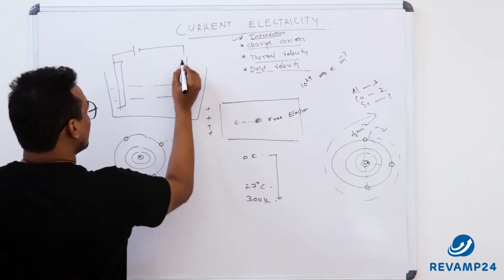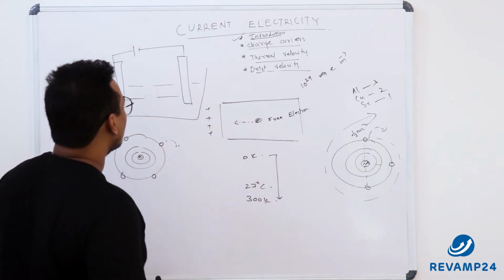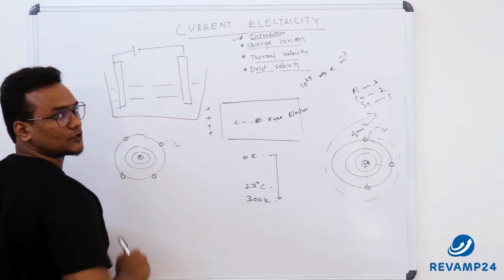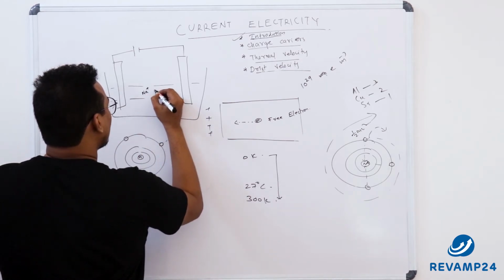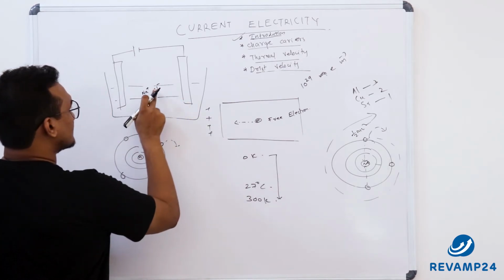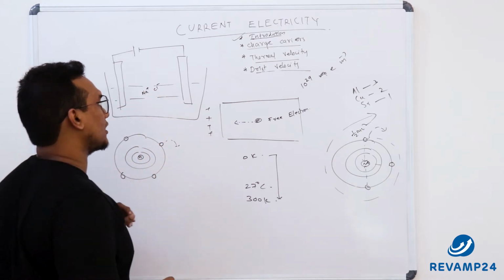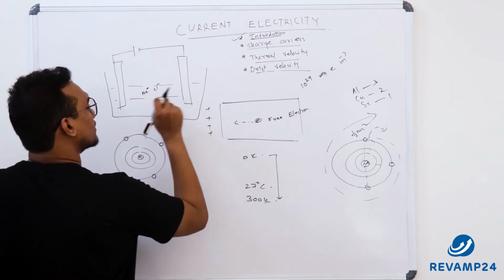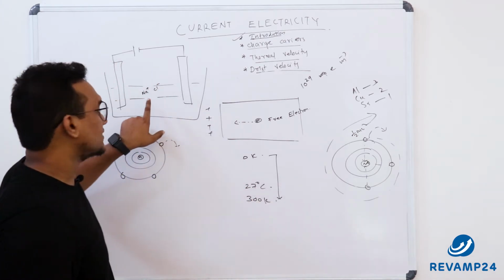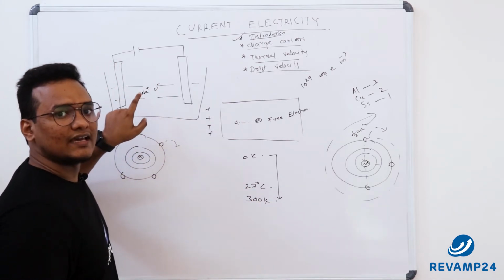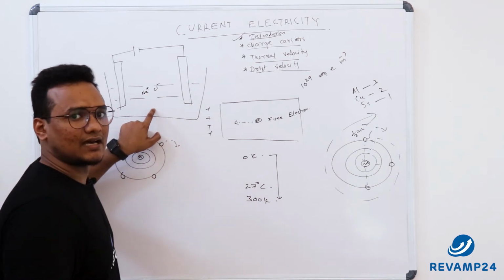This is an electrode. Now here electrons are not in transport. NaCl will be split into Na plus and Cl minus. Cl minus will go to the positive terminal and Na plus will go to the negative terminal. So what are the charge carriers here? Ions are charge carriers. So basically in solutions, ions are charge carriers.